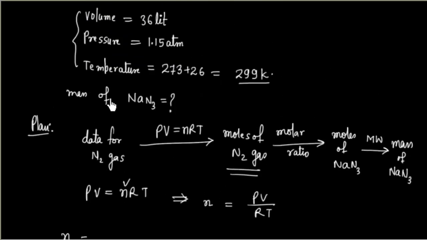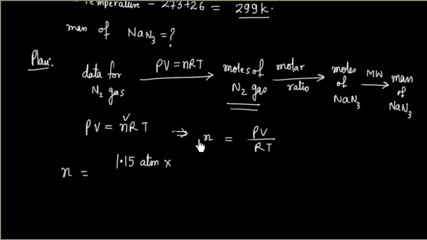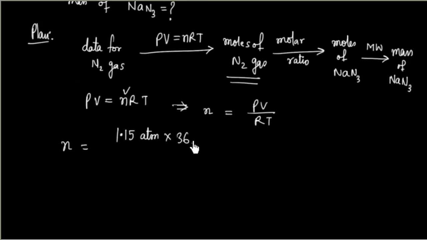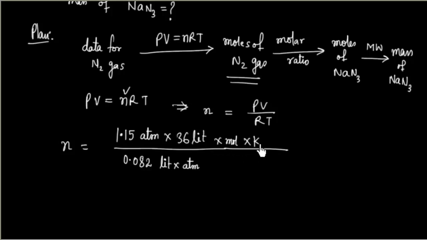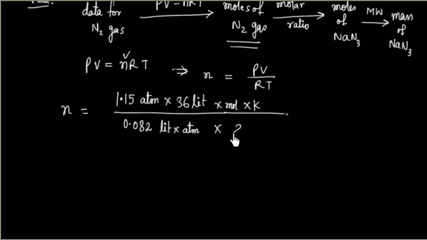Pressure is 1.15 atmospheric pressure, volume is 36 liter, R is 0.082 liter atmospheric pressure mole minus 1 Kelvin minus 1, and temperature is 299 Kelvin.